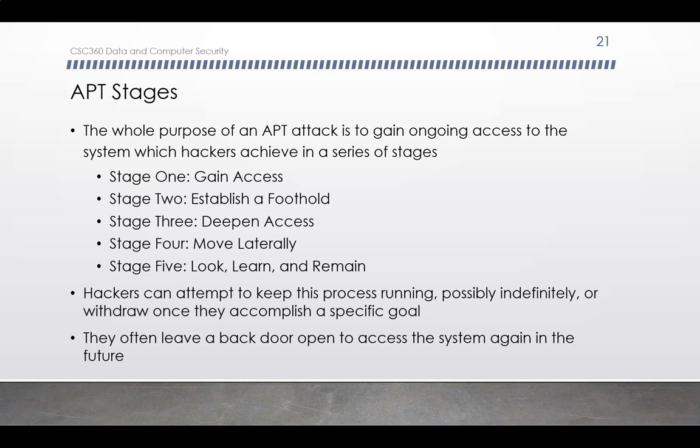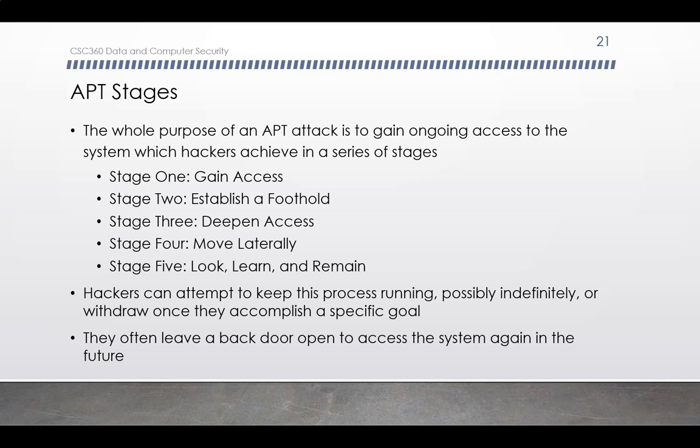The hackers can attempt to keep this process running, possibly indefinitely, or withdraw once they accomplish a specific goal. They often leave a backdoor open to access the system again at some point in the future. Let's consider these steps in a bit more detail.